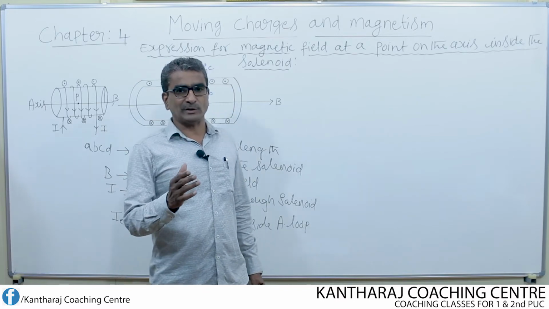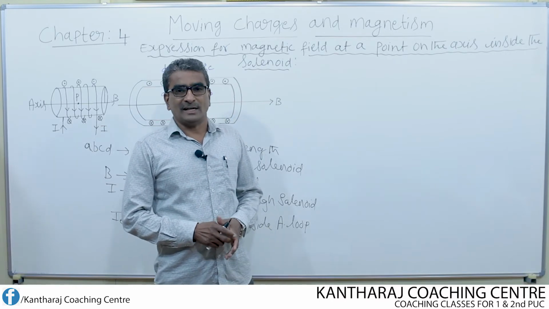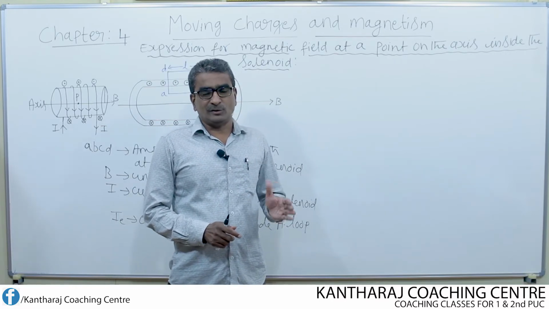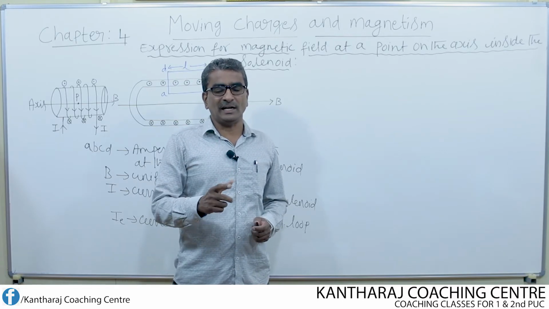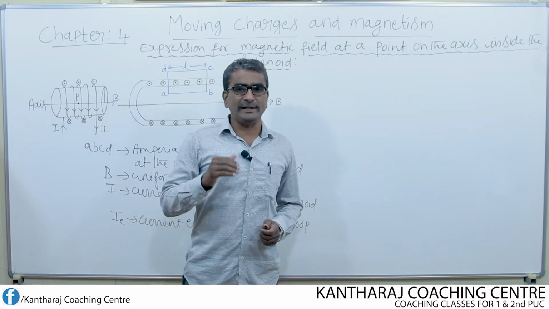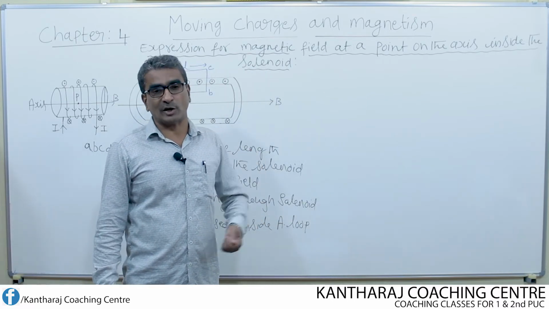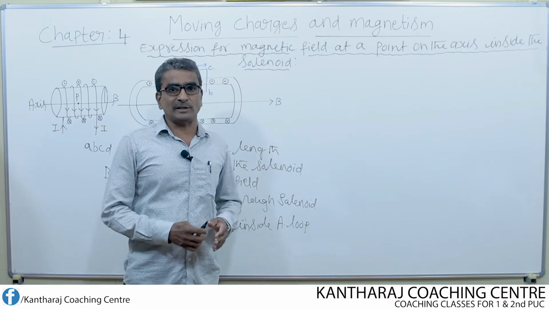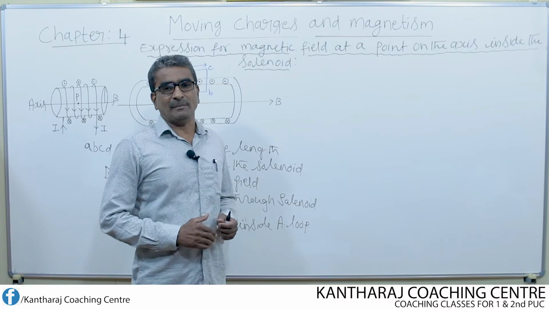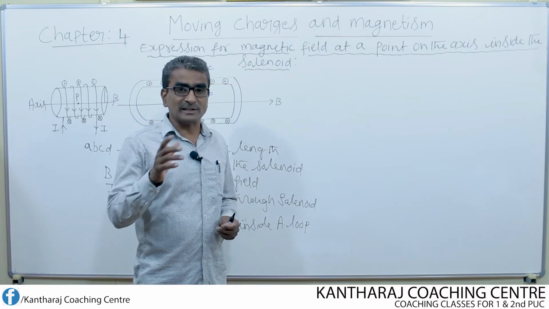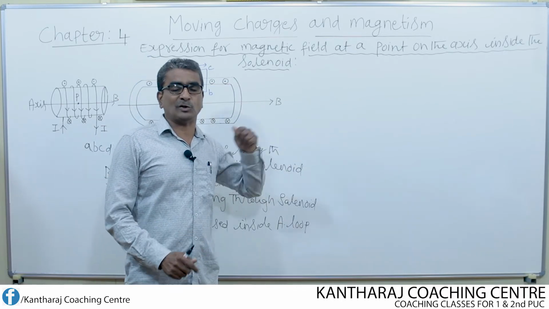Though Ampere's circuital law and Biot and Savart law are identical to each other, still it is found that Ampere's circuital law is advantageous in finding out the magnetic field, particularly in case of solenoid as well as toroid, because Ampere's circuital law finds it very easy to find the magnetic field because of the symmetric situation that arises in case of solenoid as well as toroid.